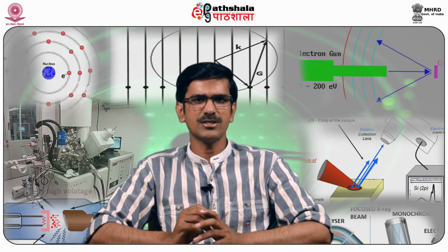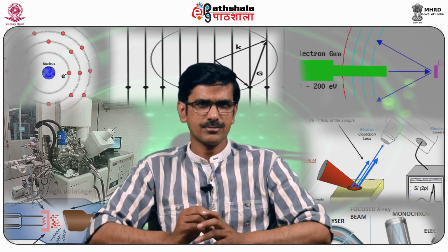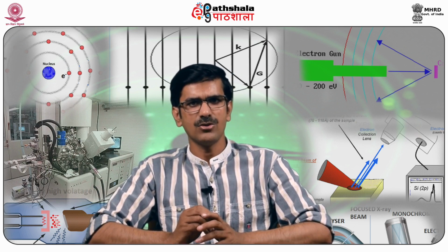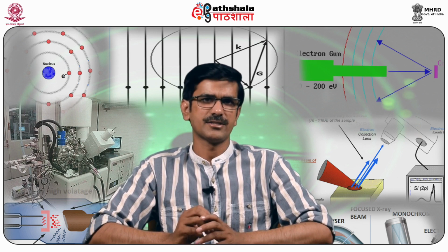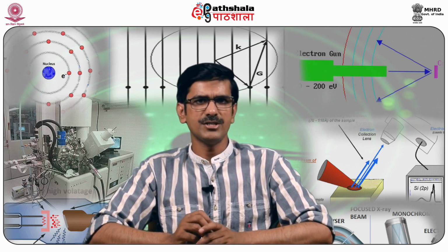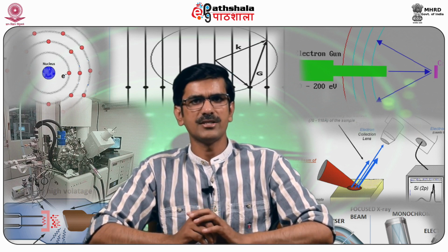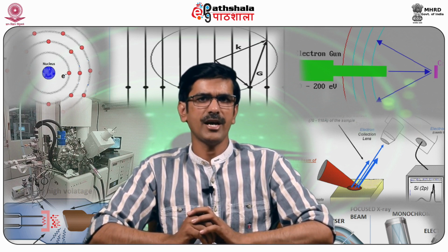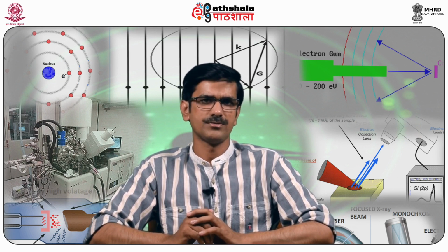There are two main classes of analyzers well suited for PES: kinetic energy analyzers and deflection or electrostatic analyzers. Since the resolving power of both types of analyzers is E by delta E, the resolution is directly dependent on the kinetic energy of the photoelectrons.